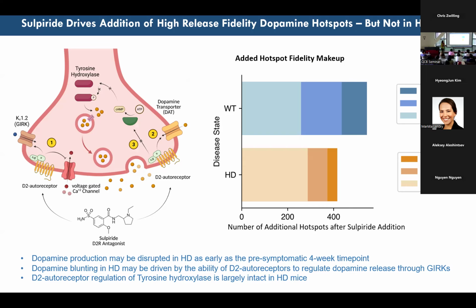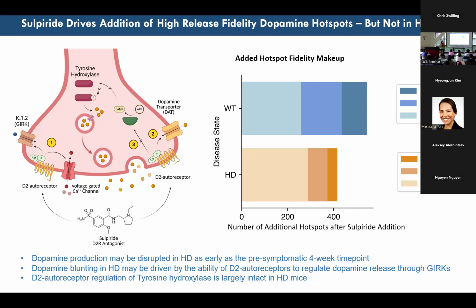And we can do this in the presence of pharmacological agents that are supposed to increase the sensitivity of our neurons to dopamine release. And what we see, in this comparative manner between wild type and Huntington's disease, is that there's less of a difference in that low fidelity release site regime, right?